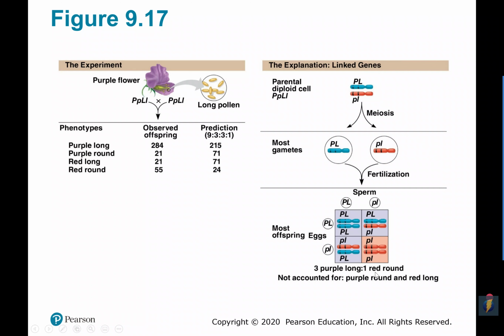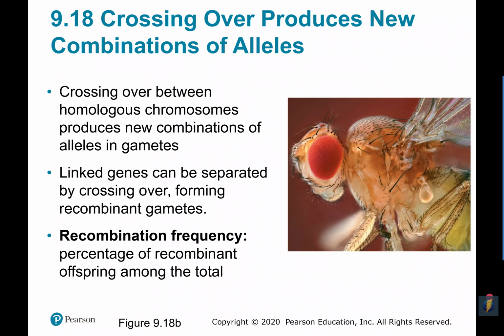And so that leads to that other ratio that we get, and explains how sometimes genes are inherited together and not independently assorting. Sometimes you can, right, part of our meiosis process is crossing over, where homologous chromosomes switch genes and switch genetic information.